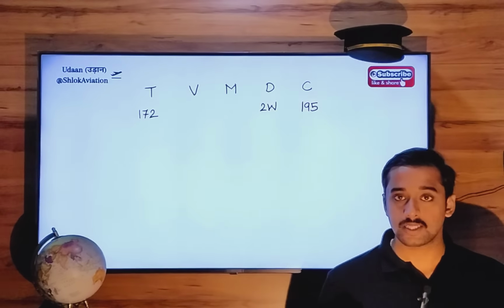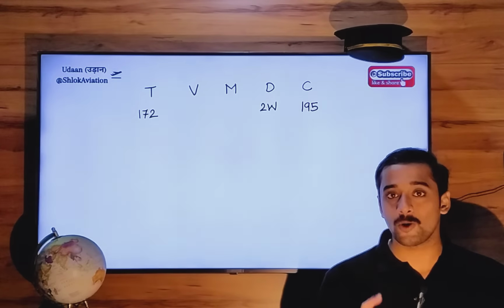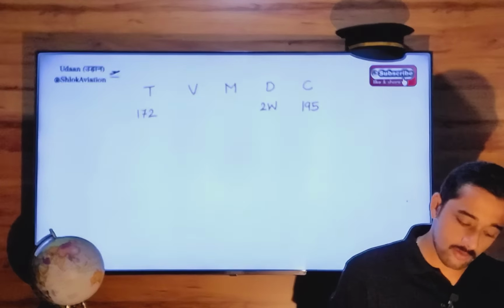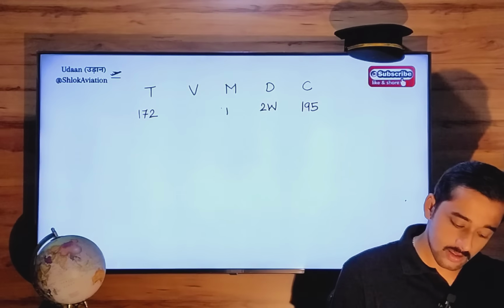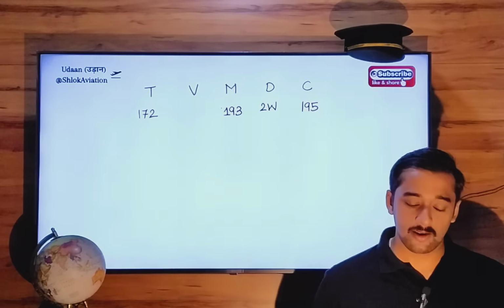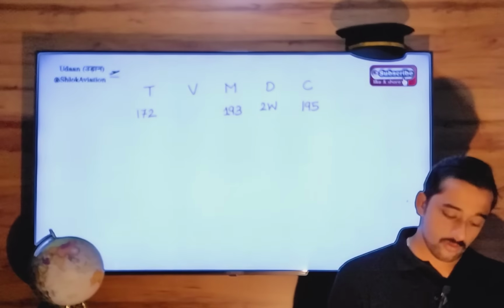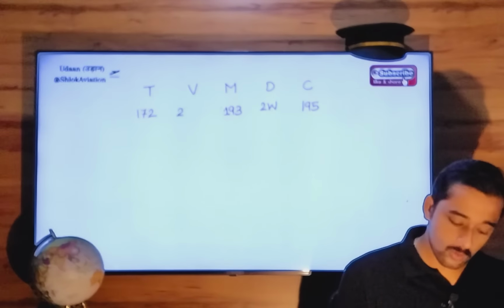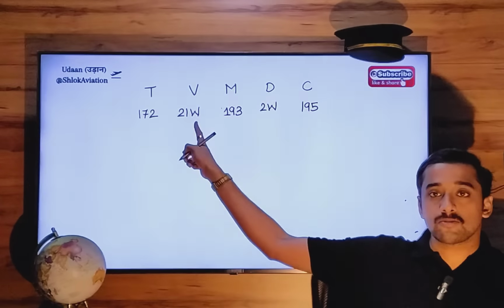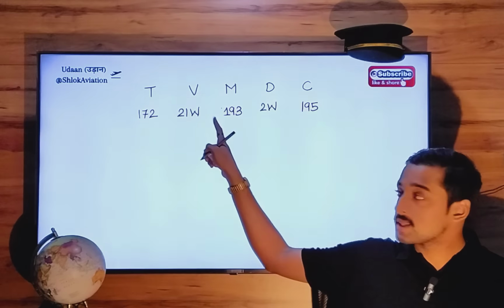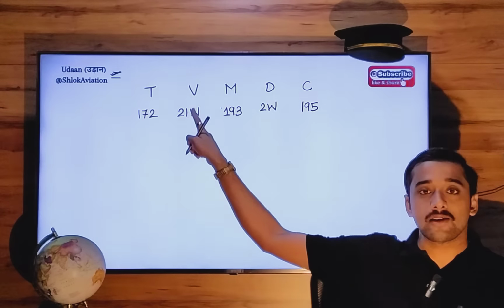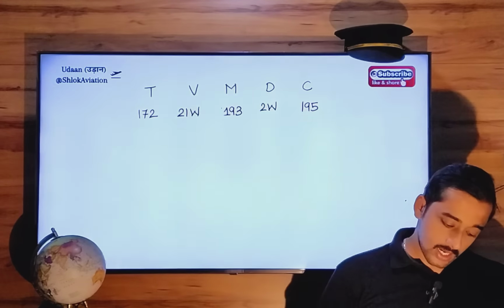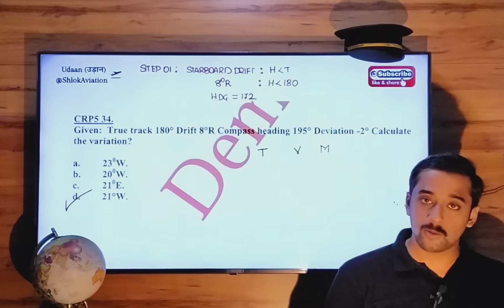Now deviation west, compass is west. Compass is more than magnetic. So magnetic will be 193 and variation will therefore be 193 minus 172, 21 west. Variation west, magnetic will be best, more than true. So 172 plus 21, 193. So the correct option is 21 west. Option B.